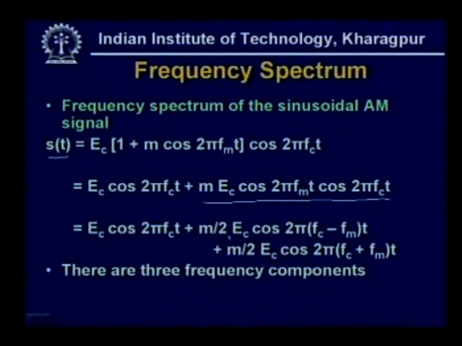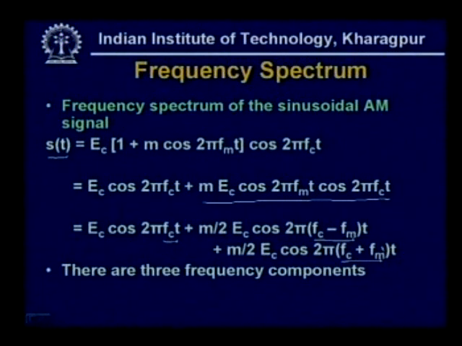So, m by 2 Ec cos 2π (fc minus fm) t plus m by 2 Ec cos 2π (fc plus fm) t. So, we now notice that there are 3 frequency components. One frequency component is fc, another is fc minus fm, and the third is fc plus fm.